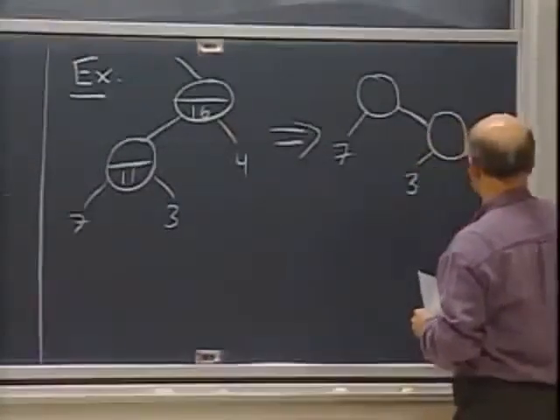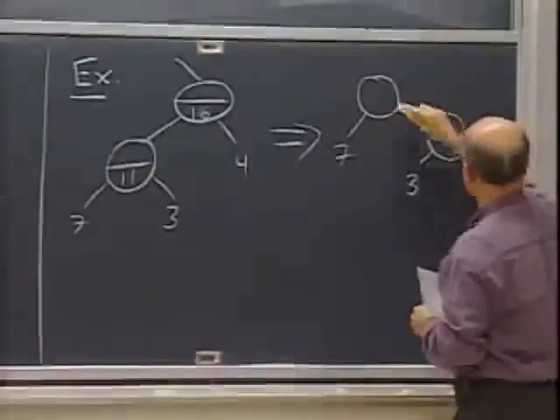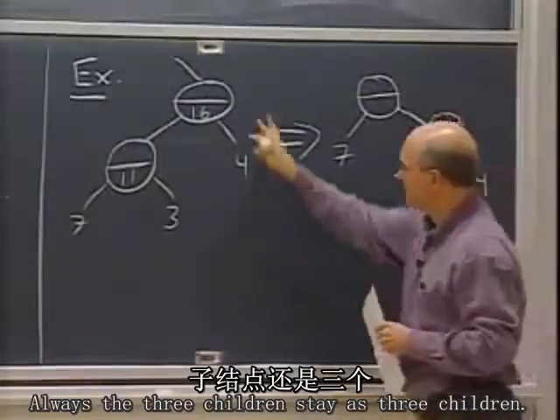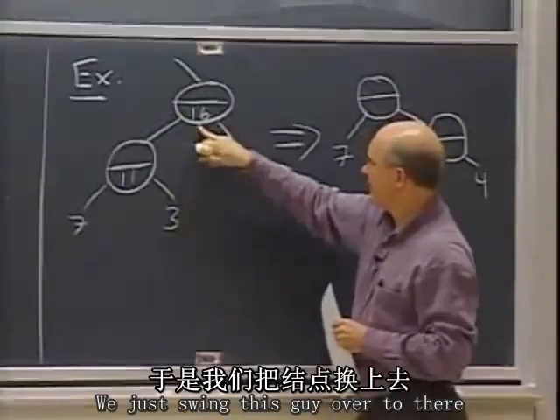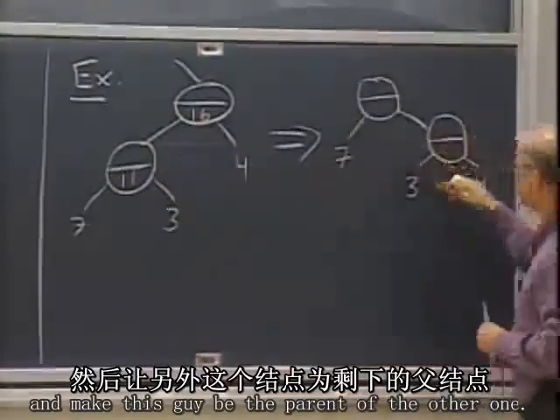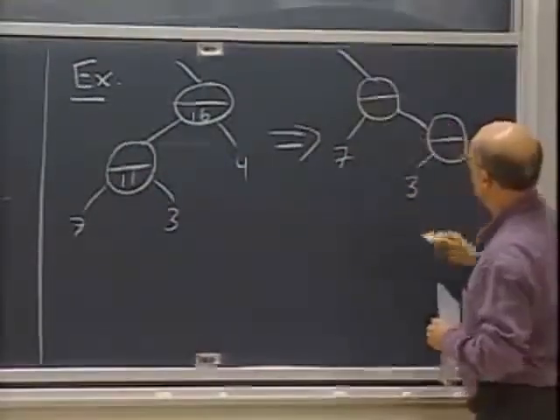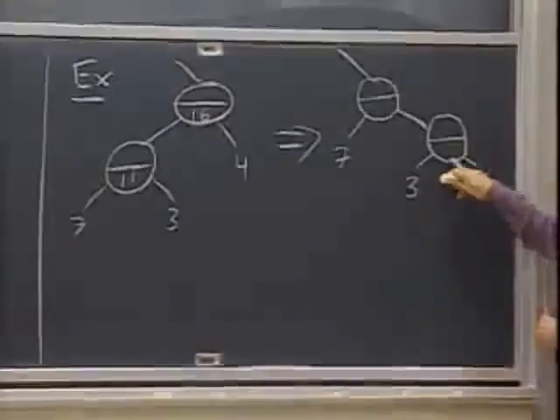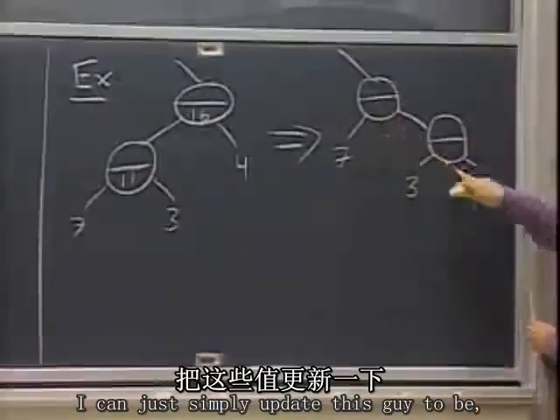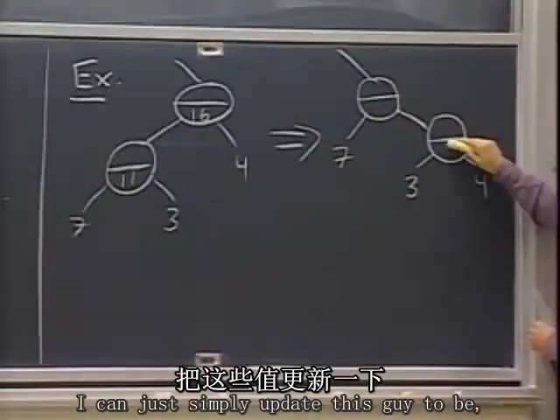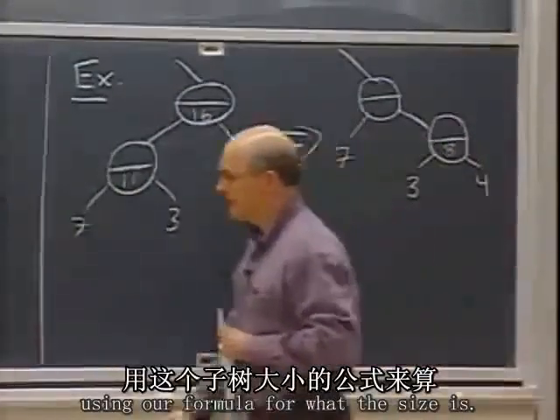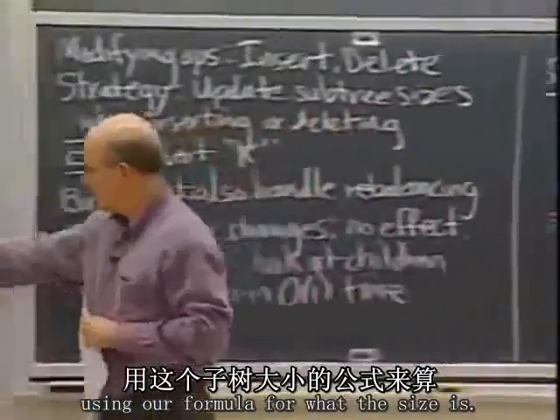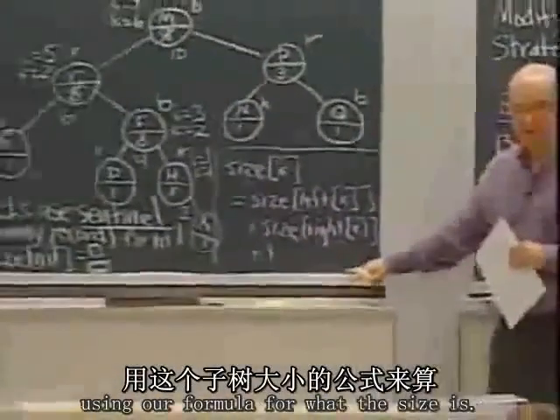So always the 3 children stay as 3 children. We just swing this guy over to there and make this guy be the parent of the other one. And so now I can just simply update this guy to be 3 plus 4 plus 1, which is 8, using our formula for what the size is.